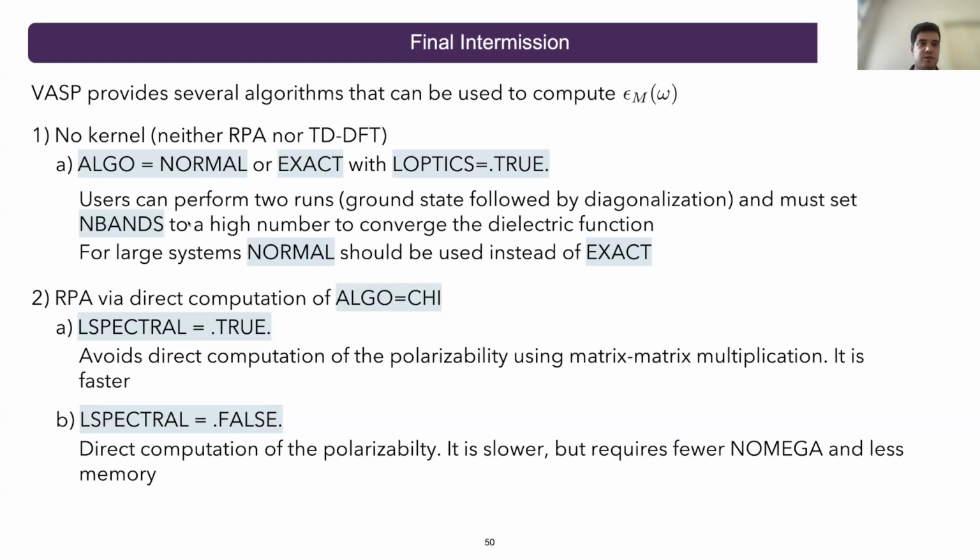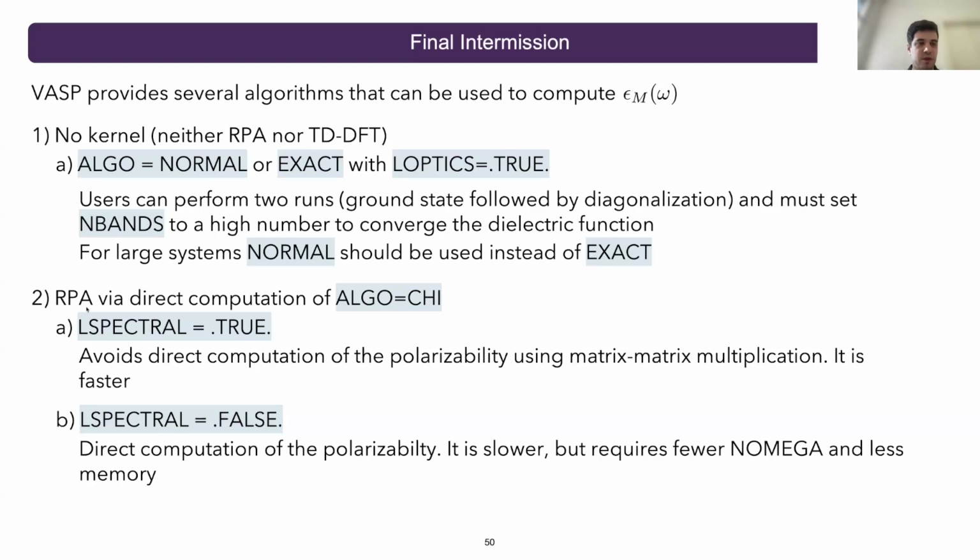And you should run first a ground state calculation followed by exact diagonalization, and you should set NBANDS to a high number in order to converge the dielectric function. And for large systems, you should set ALGO equals to normal instead of exact in order to ensure that you have enough computational resources to actually run your calculation.